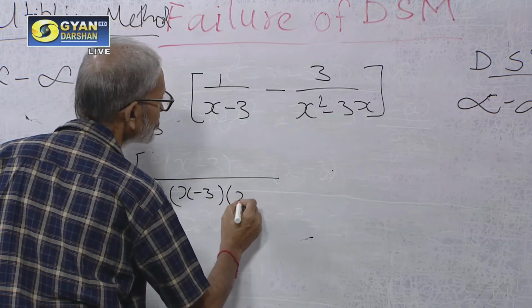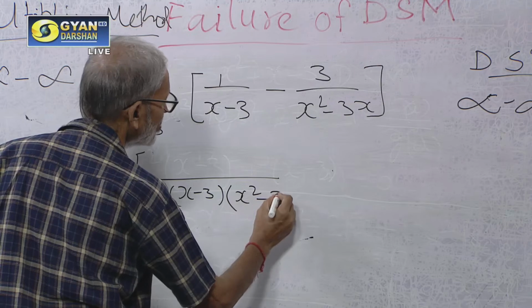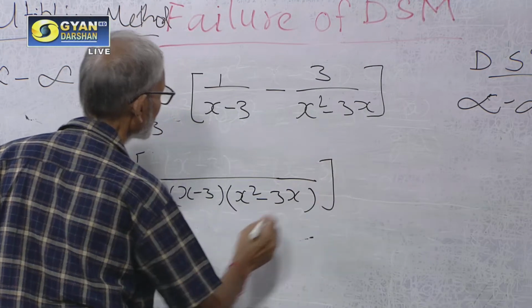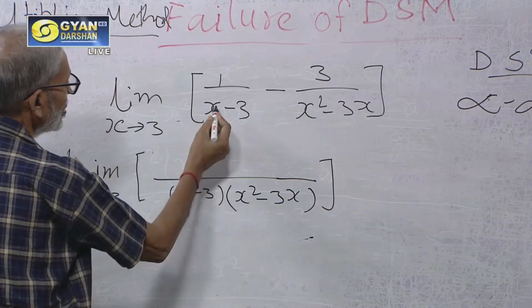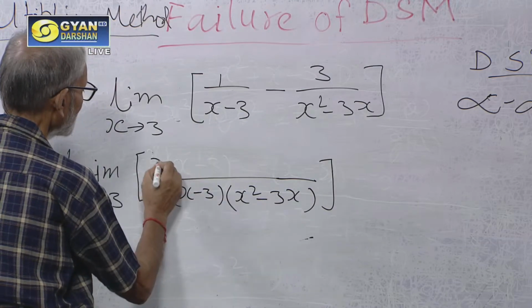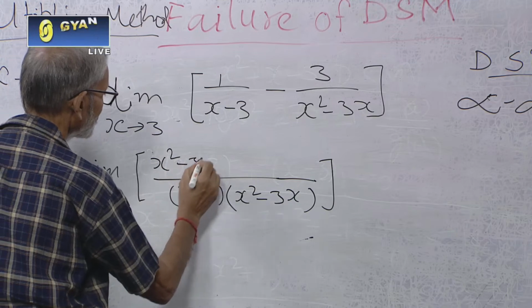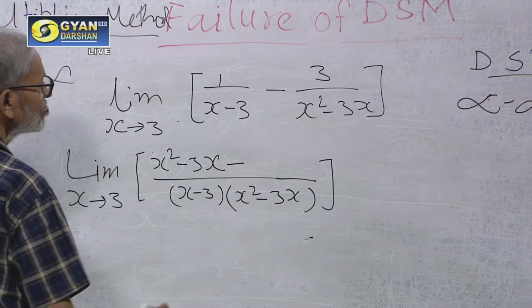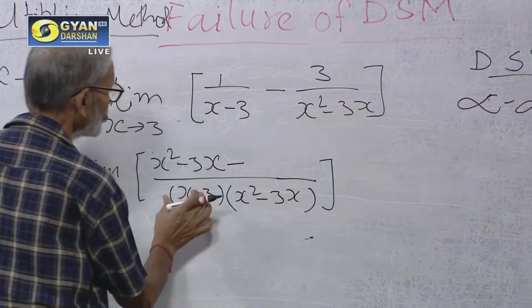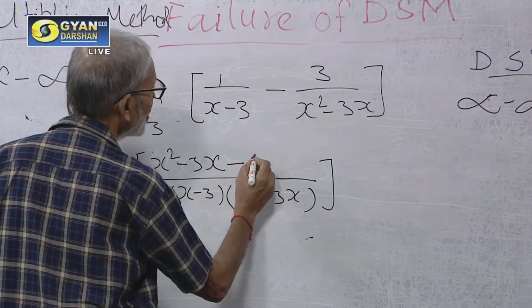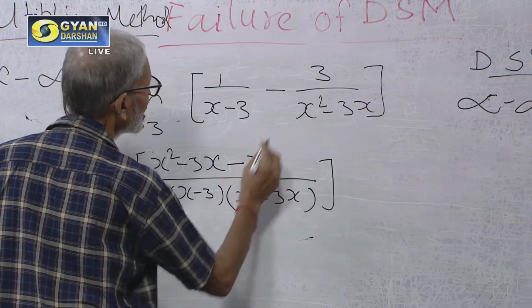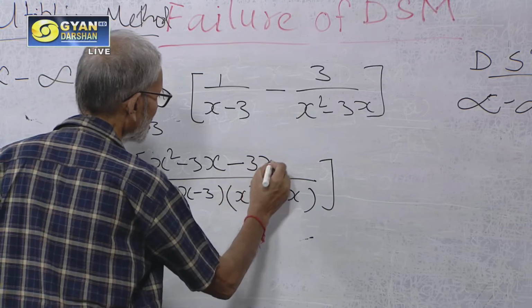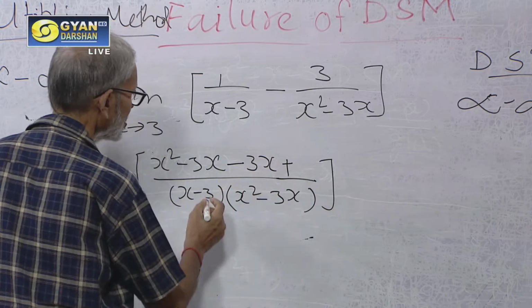So, x square minus 3x will come here, and here minus, since this is there, x minus 3 will come, so minus 3 multiplication denominator, so 3x plus 9.